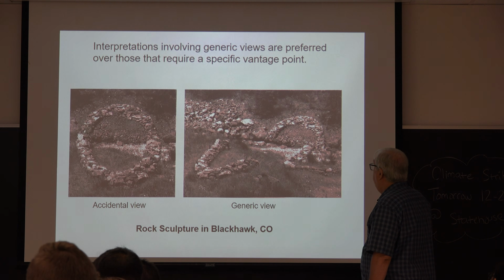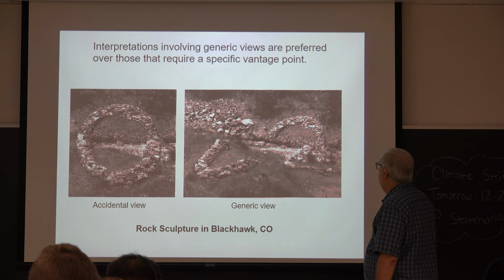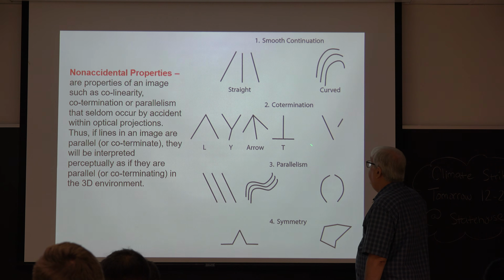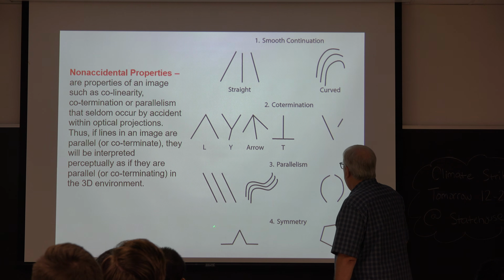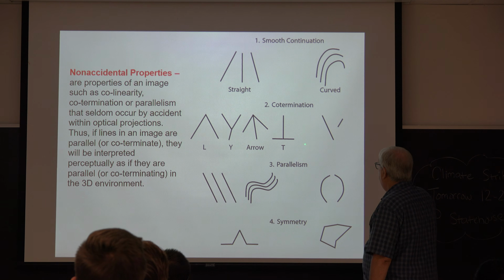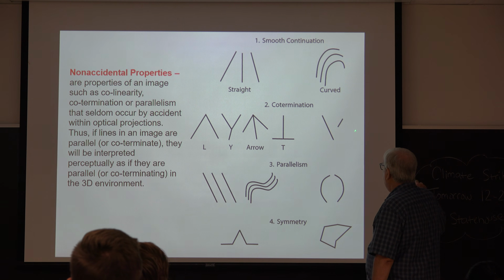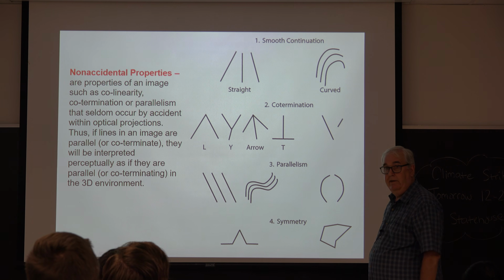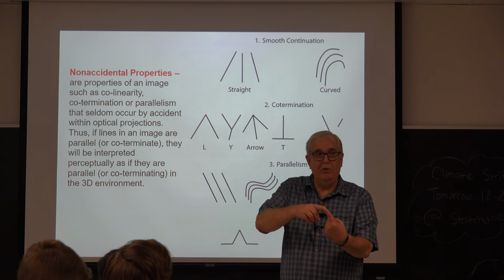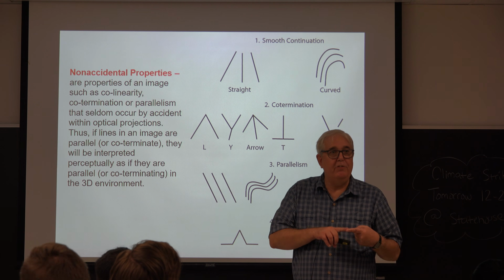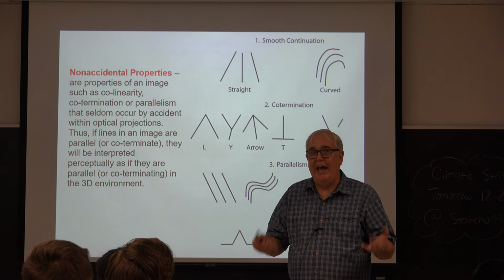Cotermination, that's what we just saw in this example here. Cotermination is another non-accidental property. So if things coterminate in the image, you're going to interpret this as that, and you would never even consider otherwise. If things line up in your image, you're not going to consider the possibility that that alignment occurred by accident.